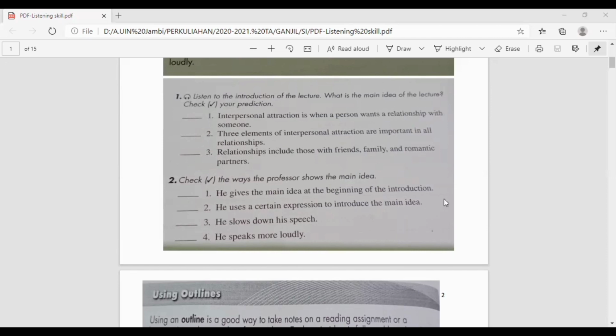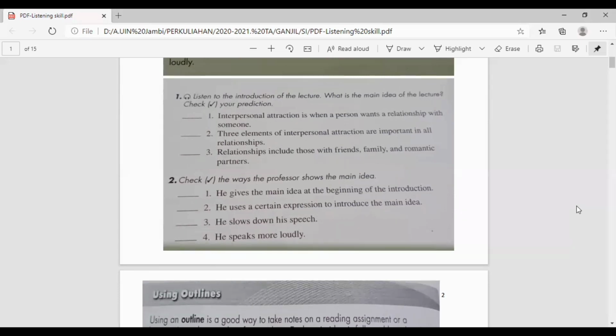Unit 1, Psychology. First Impressions and Attraction. Global Listening, Exercise 1, page 10. Hello everyone, are we ready? Okay, today I will talk about 3 elements of interpersonal attraction that are important in any relationship.